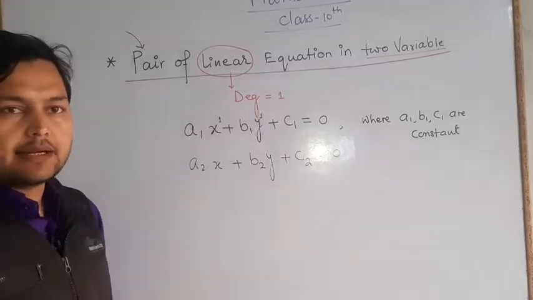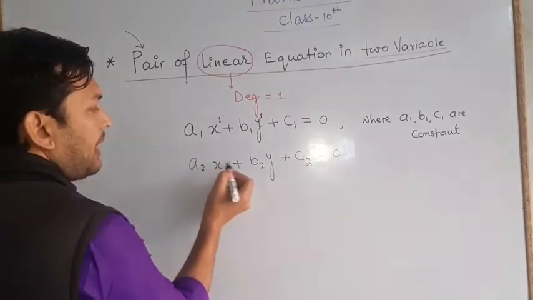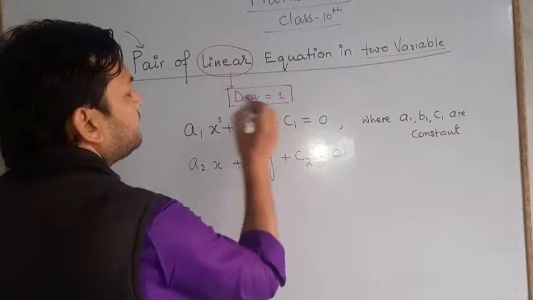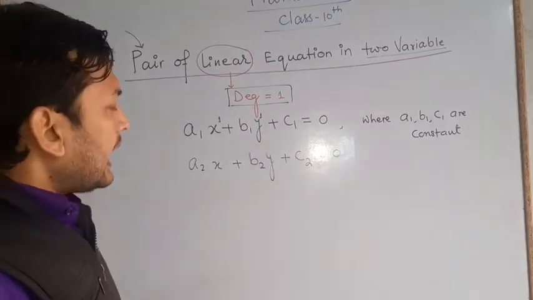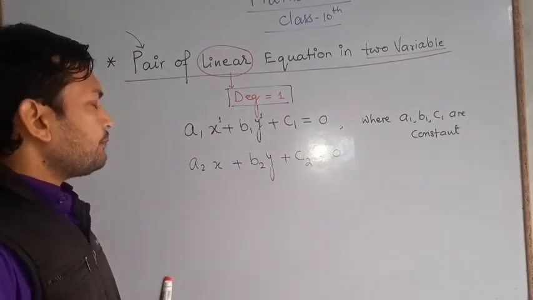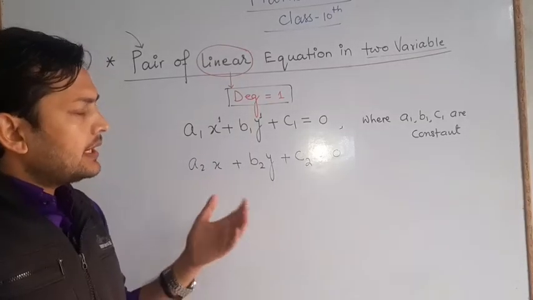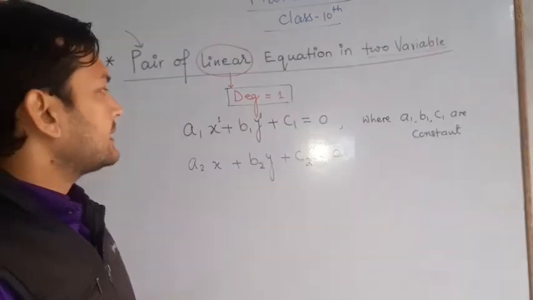This is the second equation, and it is also linear because the power of the variables is 1, degree 1. This is the standard form, and today I want to teach you how to check whether the linear equations have a solution or not and what they are called.